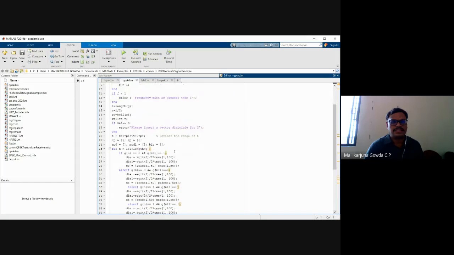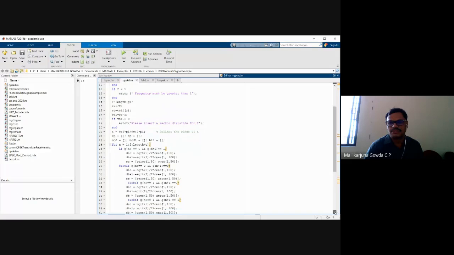Here I am defining the time axis, the same thing only, right? Here I need to compare two bits now: 0 0, 0 1, 1 0, and 1 1, right? For 2 bits, there will be one phase shift. For 0 0 one phase, 0 1 another phase, 1 0 another phase, and 1 1 another phase.